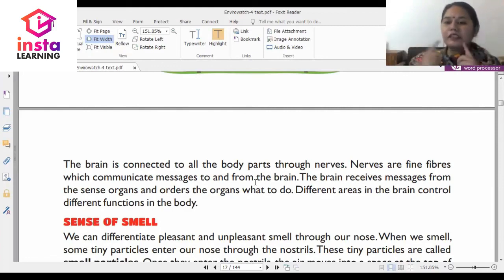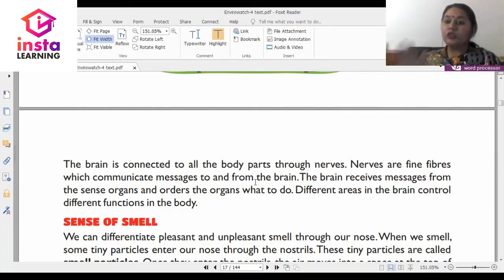So there is a reaction that comes. What is that reaction? Smile. We start laughing. Ha ha ha, right? This procedure takes place in a fraction of a second. This entire process is very quick.